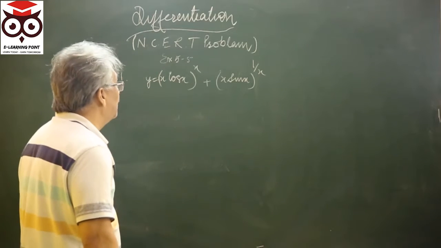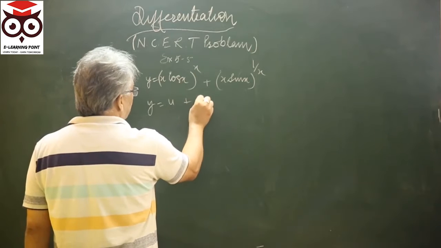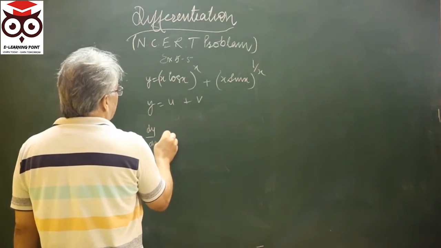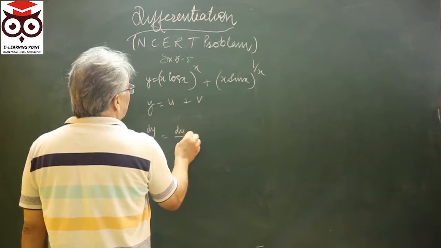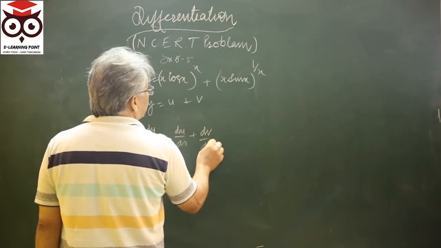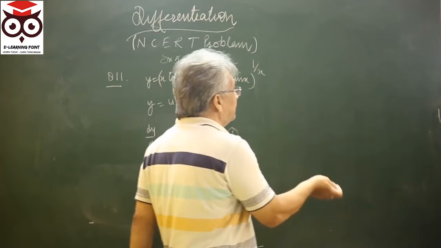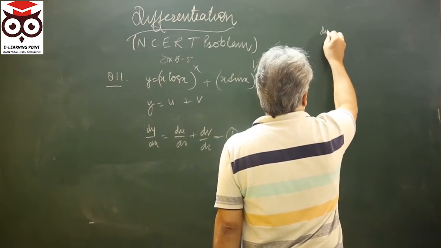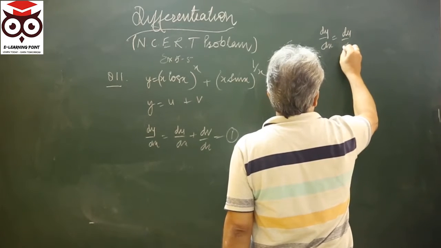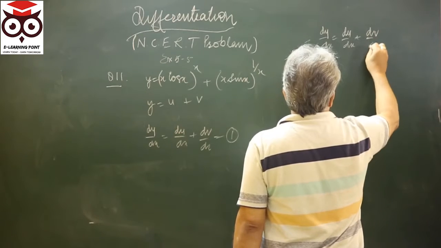So you will suppose this is u and this is v. Taking differentiation, dy by dx is equal to du by dx plus dv by dx. This is your first equation. So I will write down here dy by dx is equal to du by dx plus dv by dx.